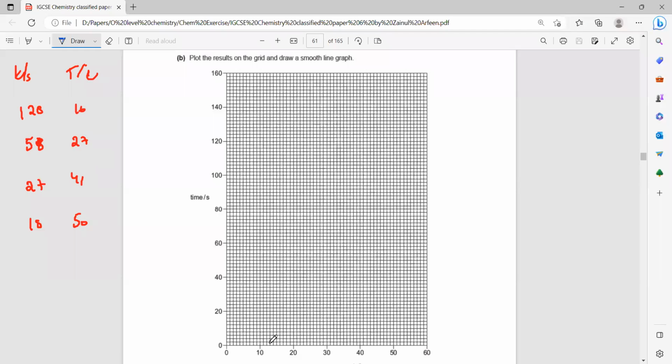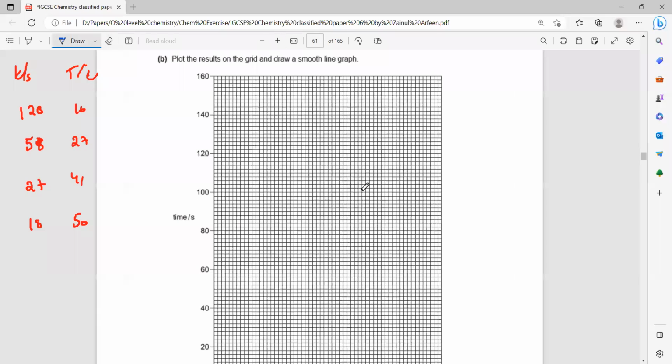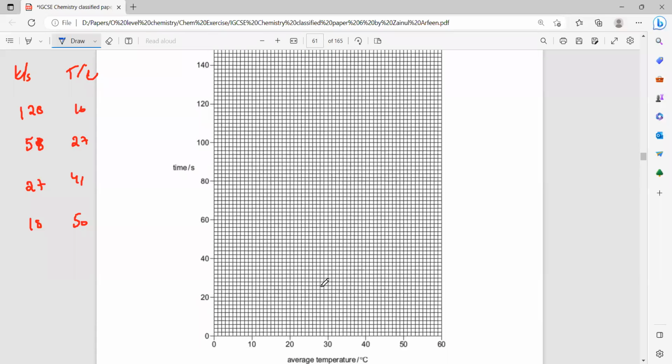So first, 16 and 128. Ten boxes equal 20, so each box is 2. So first I'll move from 10.